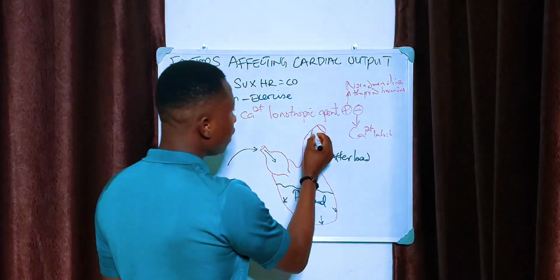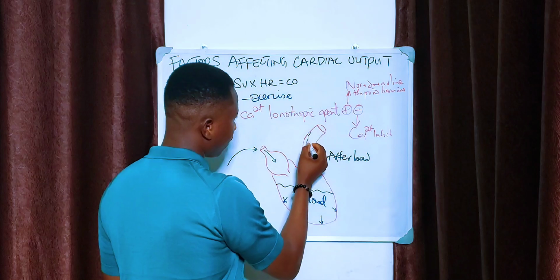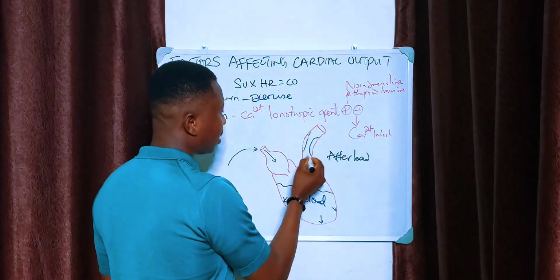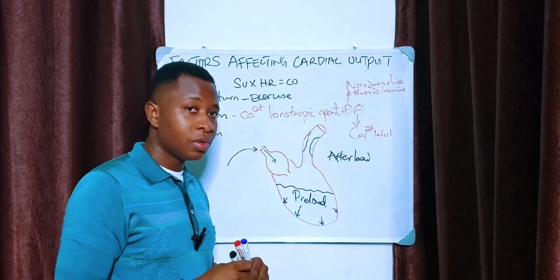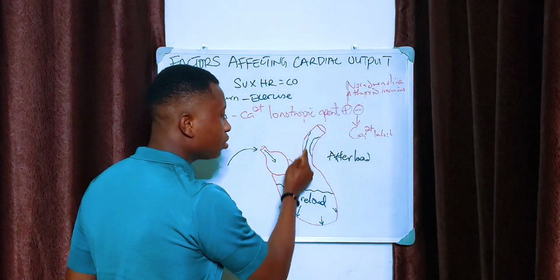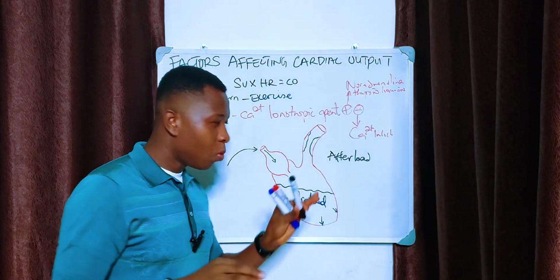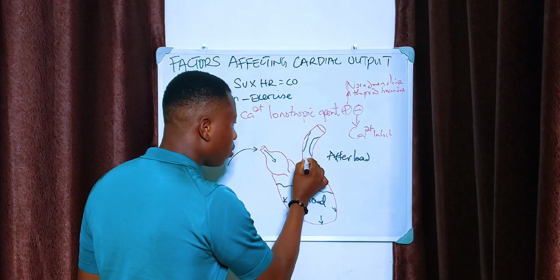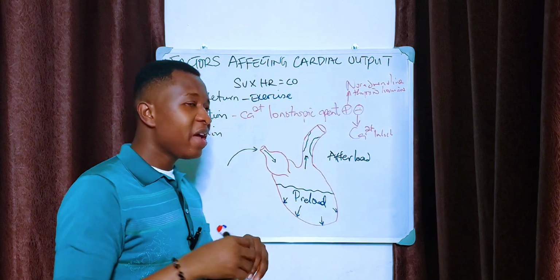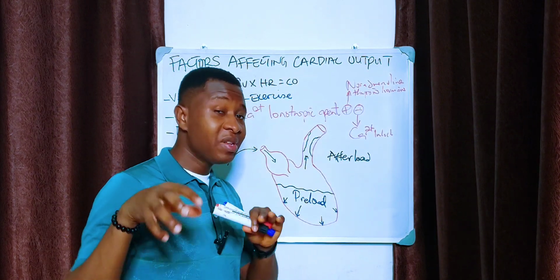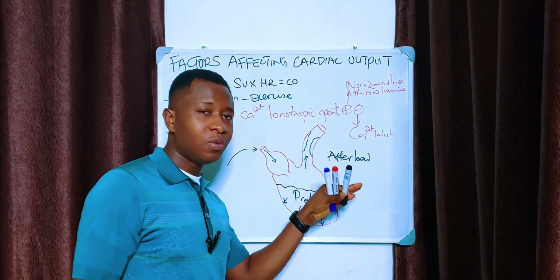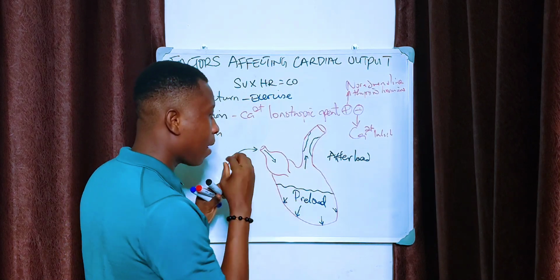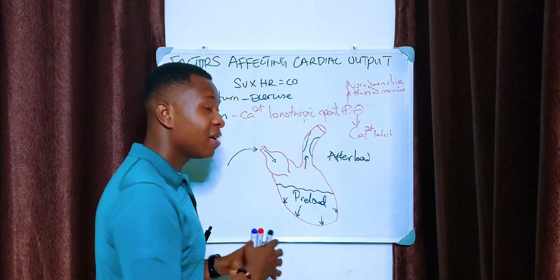If you have artifacts or growths inside the blood vessels that narrow the passage of blood, then when contraction occurs and blood wants to go out, there will be a resistant effect. That resistant effect is what we call the afterload. That resistant effect will affect the volume of blood that leaves the heart.